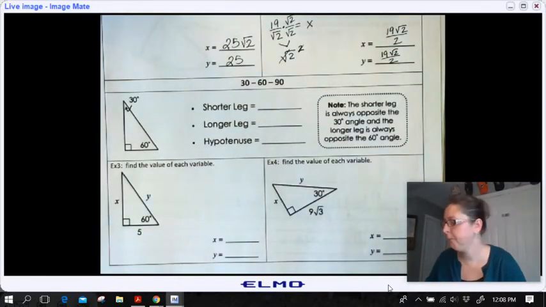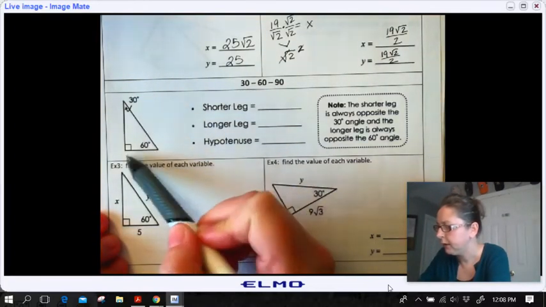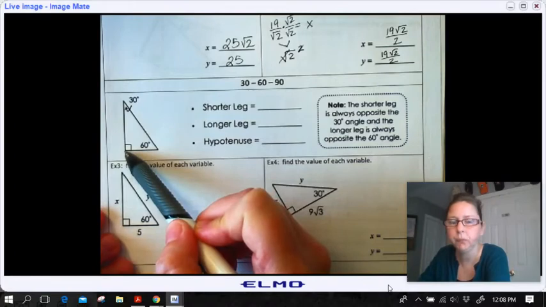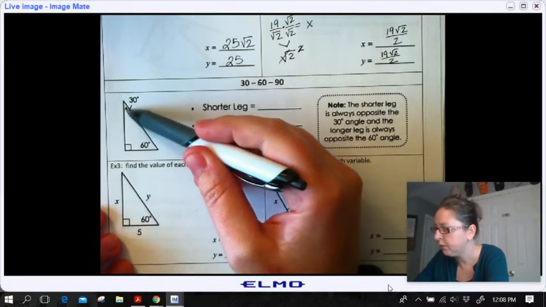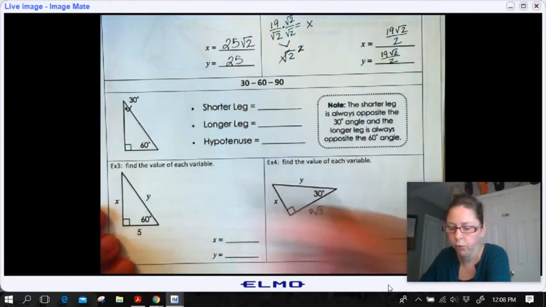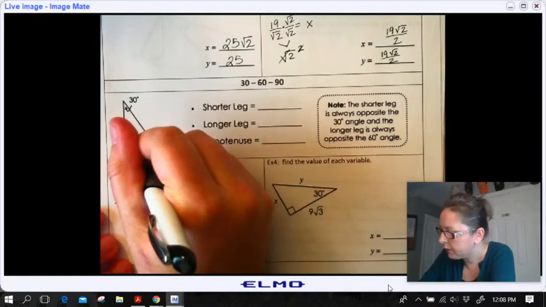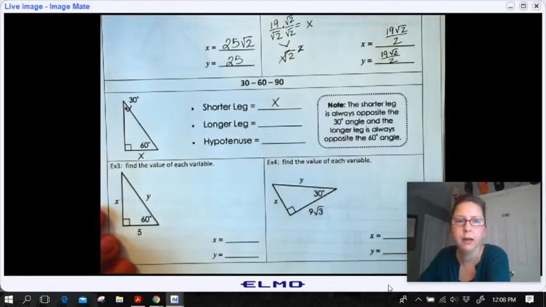All right. Let's talk about our second type of special 90-degree triangle, which is a 30, 60, 90 relationship. So 30, 60, 90 right here. Now the shortest leg is going to be opposite the smallest angle. The shorter leg, we're going to call this x. So that's our x.